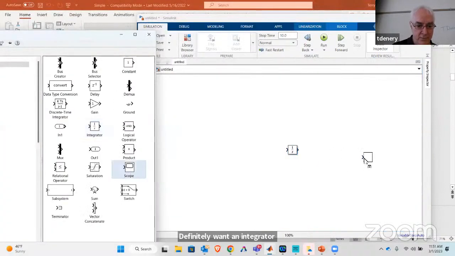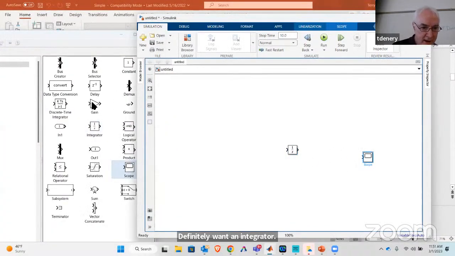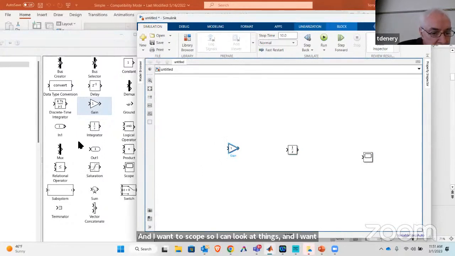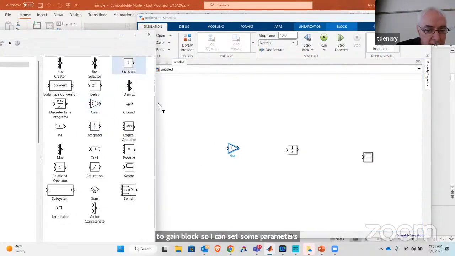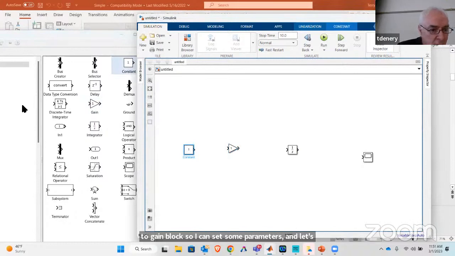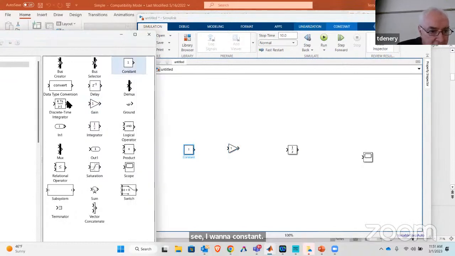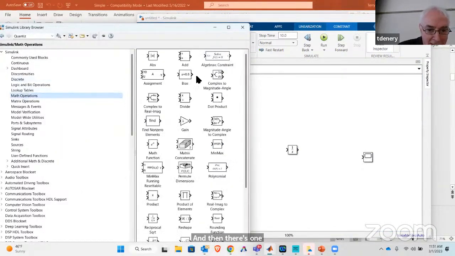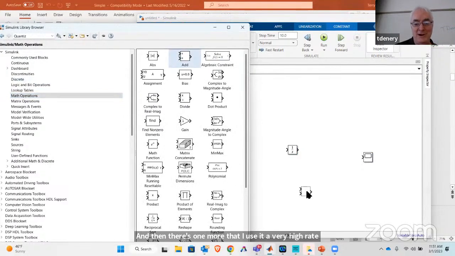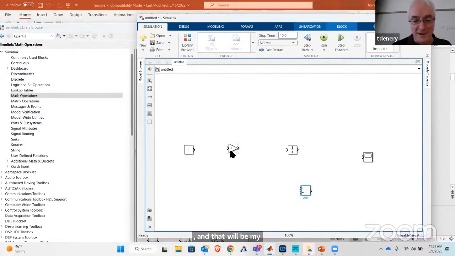I want a scope so I can look at things. I want a gain block so I can set some parameters. And I want a constant. And then there's one more that I use at a very high rate, which is my addition block. I probably use multiplications quite a bit too, but let's get the basics down.